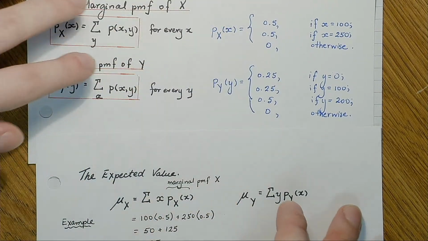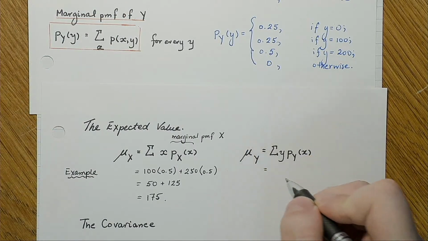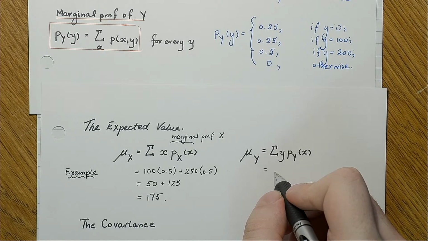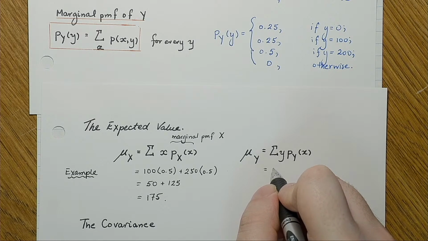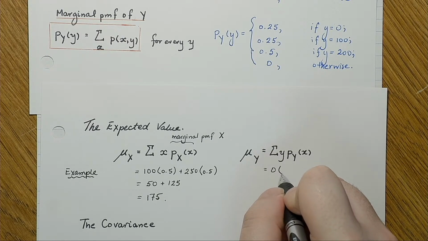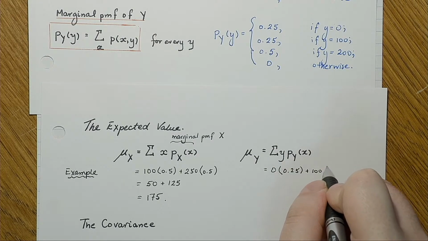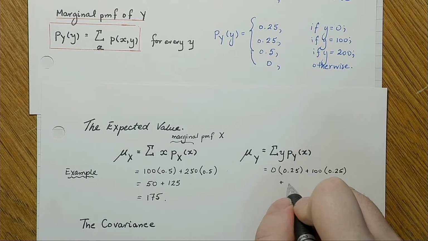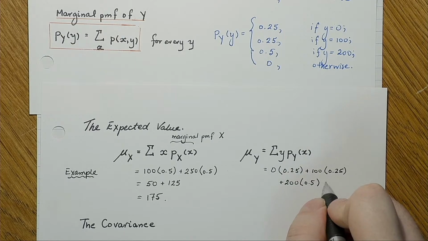For the y, I need 0 times 0.25 plus 100 times 0.25 plus 200 times 0.5, and 0 otherwise.